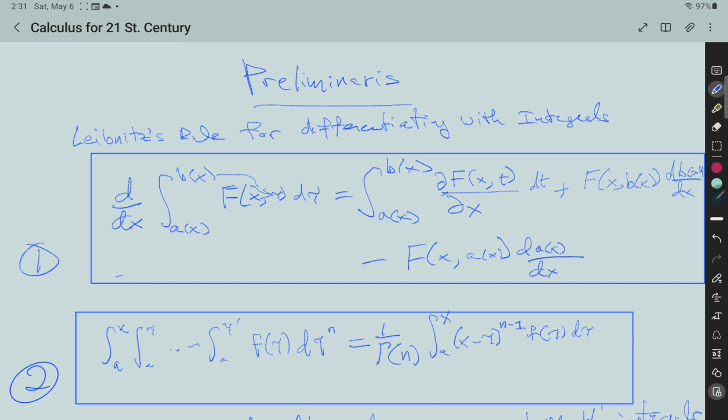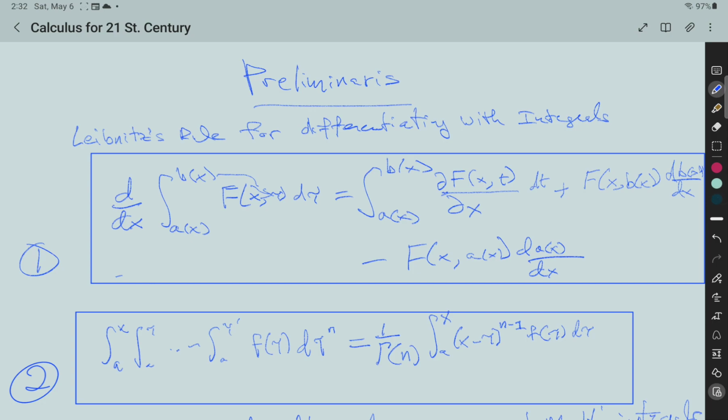That's why I have f of x comma b of x, and then I have to take the derivative of b of x with respect to x. Then minus f of x, but this time I put the lower bound a of x into tau, and take the derivative of the lower limit with respect to x. We're going to use this a lot.